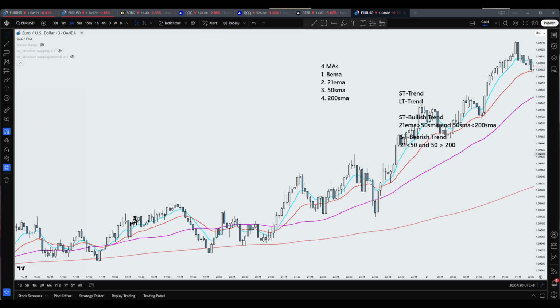Okay. So 21 is less than 50. Let me clean up this one also. So can you see that this 21 crossed below the 50? So that's why we are shorter term bearish.